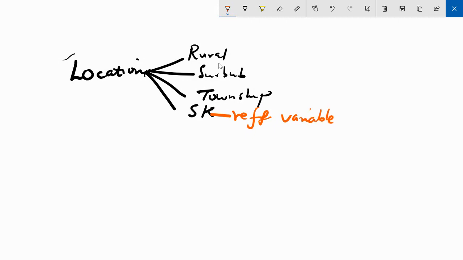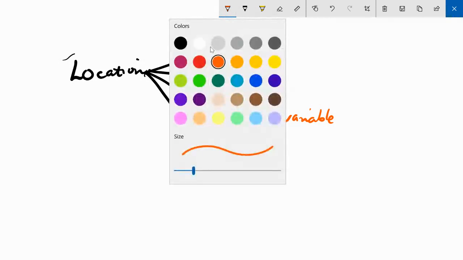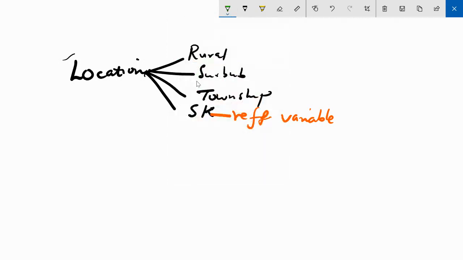Now, since we're calling this the reference variable, when you don't understand, please guys, stop me. I will project the notes immediately after this. So this one will be X3, this one will be X4, this one will be X5.